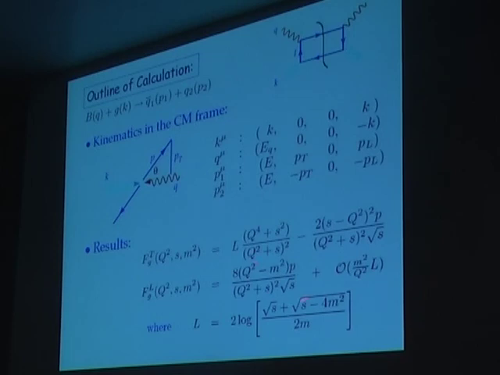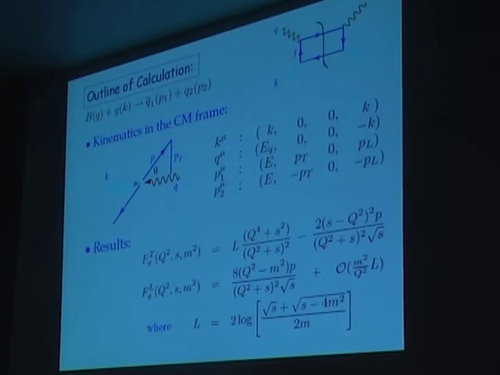I'm not going to discuss the details here, but the key of the physics, which I will focus on, is this logarithm factor. The logarithm factor is basically the ratio of the hard scale Q, which is the same as square root of S, divided by M. The rest of the details doesn't matter very much.